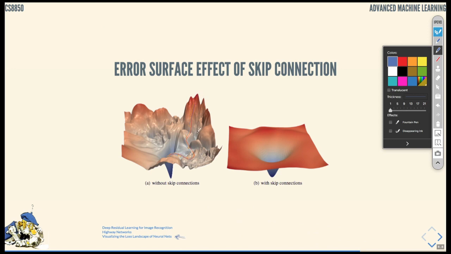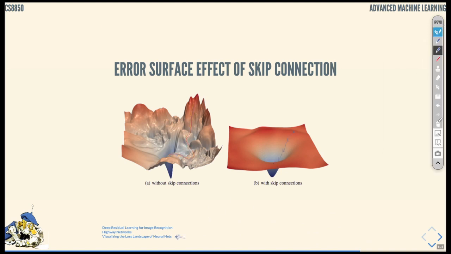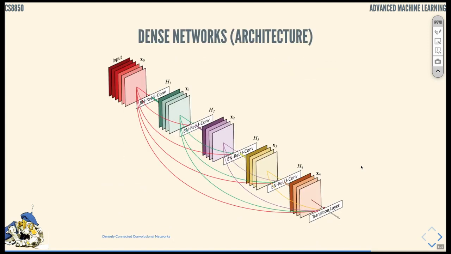Walking this rough landscape without the skip connections, once added, smooths out the error landscape, and convergence becomes much easier. The learning process is much more straightforward. That is the advantage of skip connections. Once the skip connections were there, people thought, wait, why stop there?